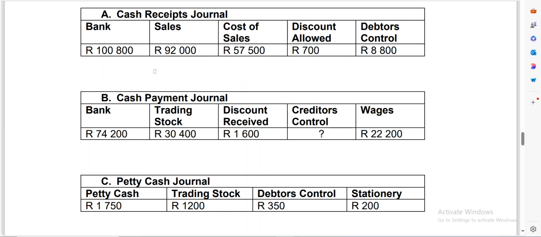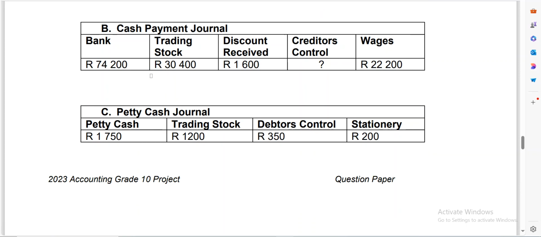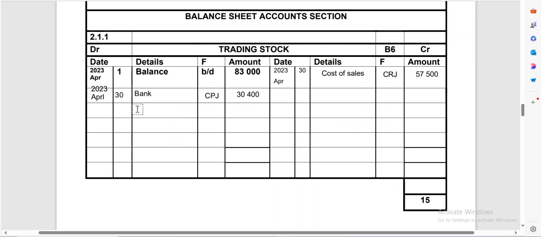Is there anywhere where I'm seeing trading stock? I'm seeing it here in the petty cash journal, right? So what am I going to do? I'm going to go to my trading stock, and then I will continue and write the name of the account, which is petty cash, the contra account. So I'll just write petty cash here.